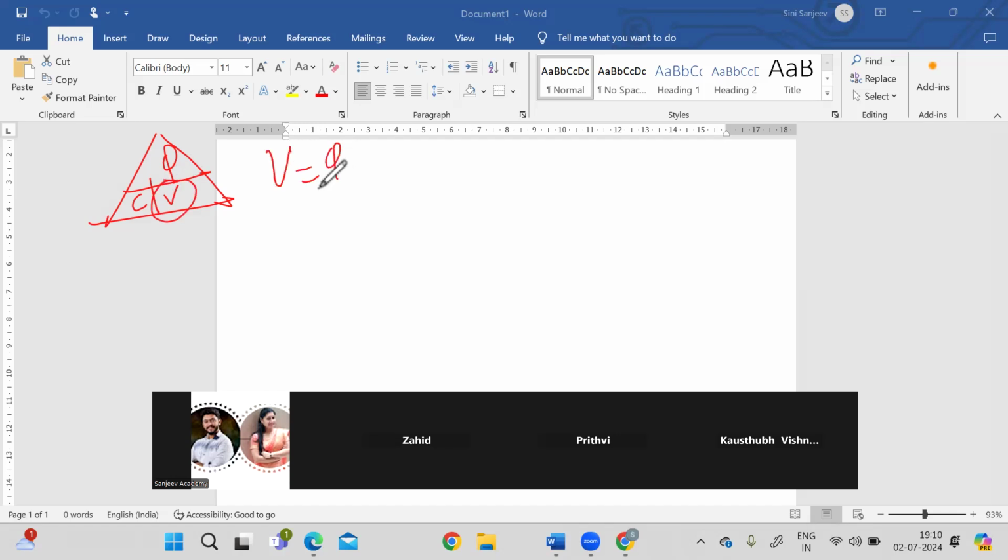V is equal to Q by C. Now my Q is basically Q1 plus Q2 and C is my C1 plus C2. Go back to this question.